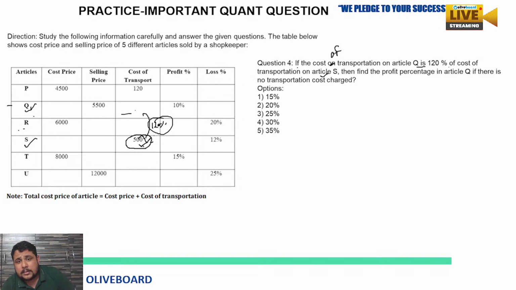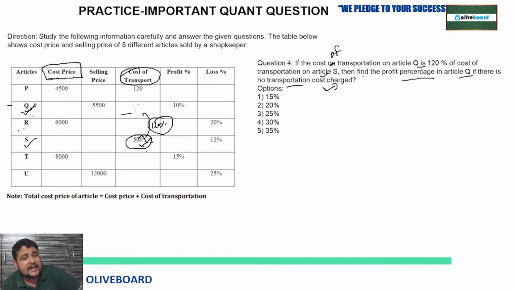Then find the profit percentage in article Q if there is no transportation cost charged. So very tricky question, you can easily solve. They are just asking another case. So in this case, when you calculate, you will get the cost of transport of article Q. After applying this, you can easily get the cost price.